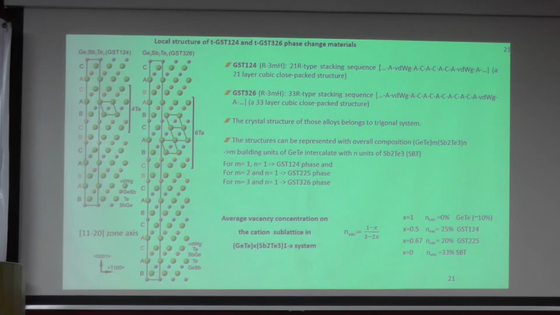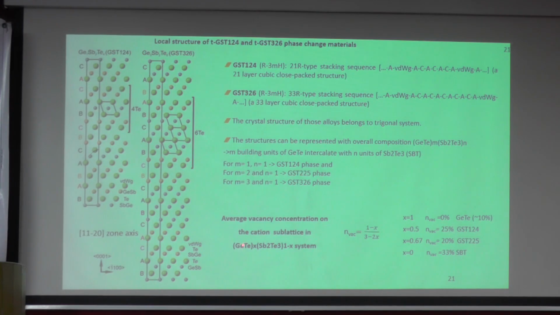If we talk about the cubic structure, we can estimate the number of vacancies by using this basic relation: the number of vacancies equals 1 minus x, divided by 3 minus 2x.